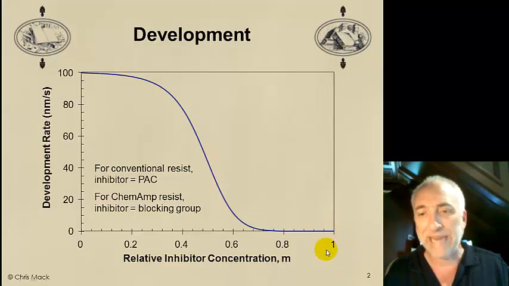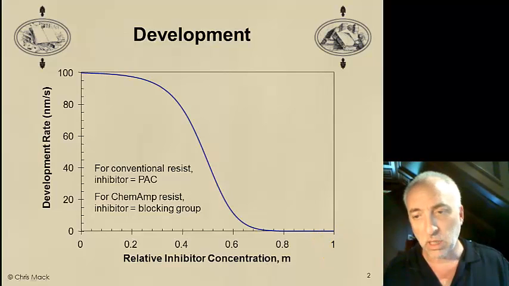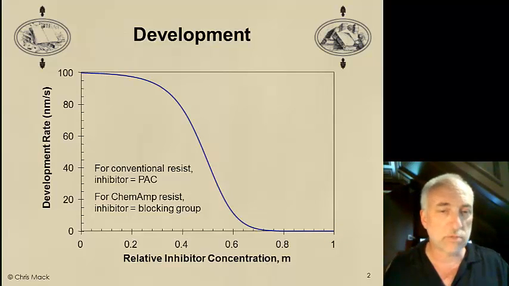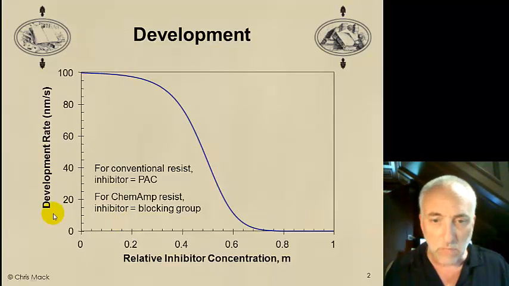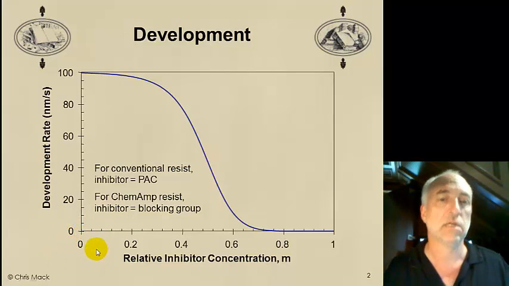So when m equals 1, we have completely unexposed, completely unreacted photoresist. And for a positive resist, that region will have very low development rate. When m equals 0, we have completely exposed, completely reacted photoresist.